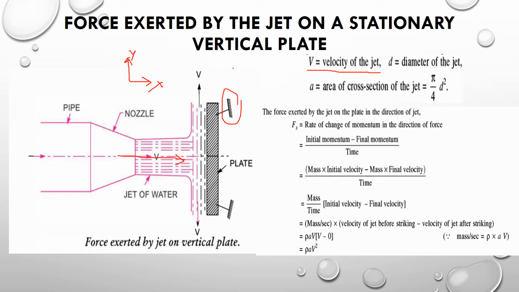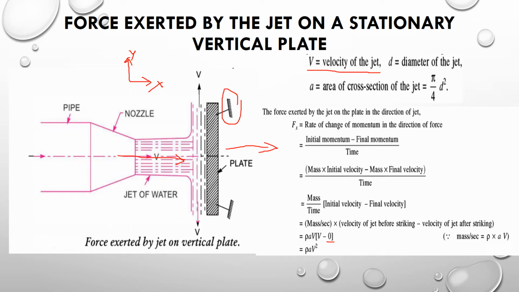And the final velocity of the jet after striking: after striking, you can see that the jet is getting deflected in two directions, in other words in the vertical direction only. There is no motion of the jet in the x direction after striking the fixed plate. That is why here we have substituted 0. Hope you have understood. So simplifying, we will get rho a v square.